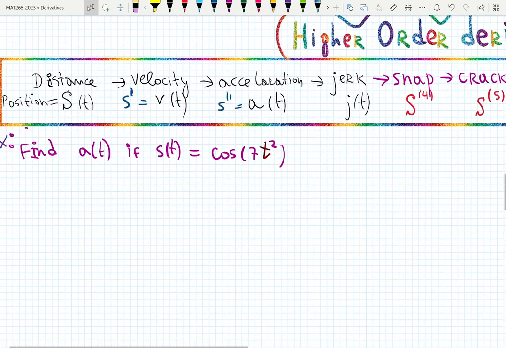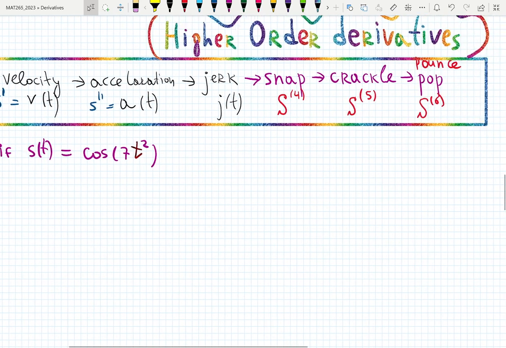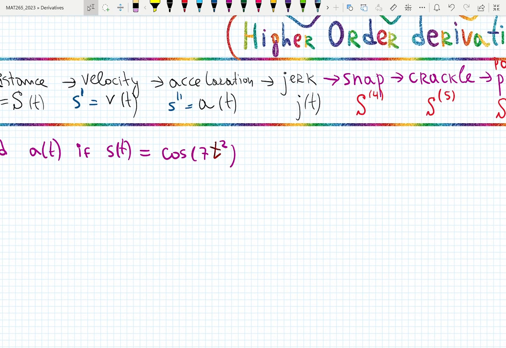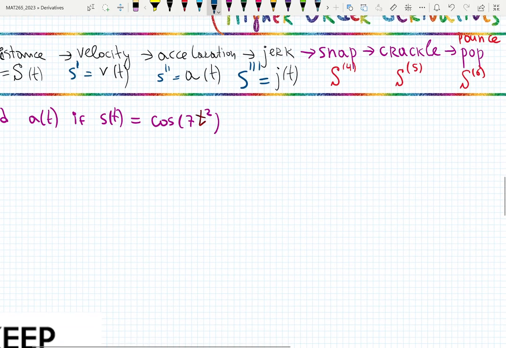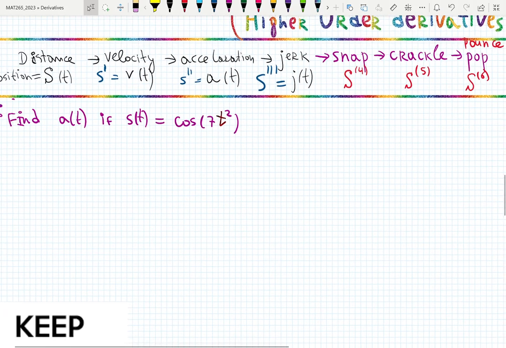Distance, velocity, acceleration, jerk, snap, crackle, pop. We actually have an official AC video that has a name, Don't Be a Jerk. And they mean don't be a third derivative. So very interesting. Oh, actually it's missing it. It should be S prime prime prime. And that's usually used in physics. Math people don't know this. So I googled in Wikipedia, that's why I found out about it. It was kind of fun.